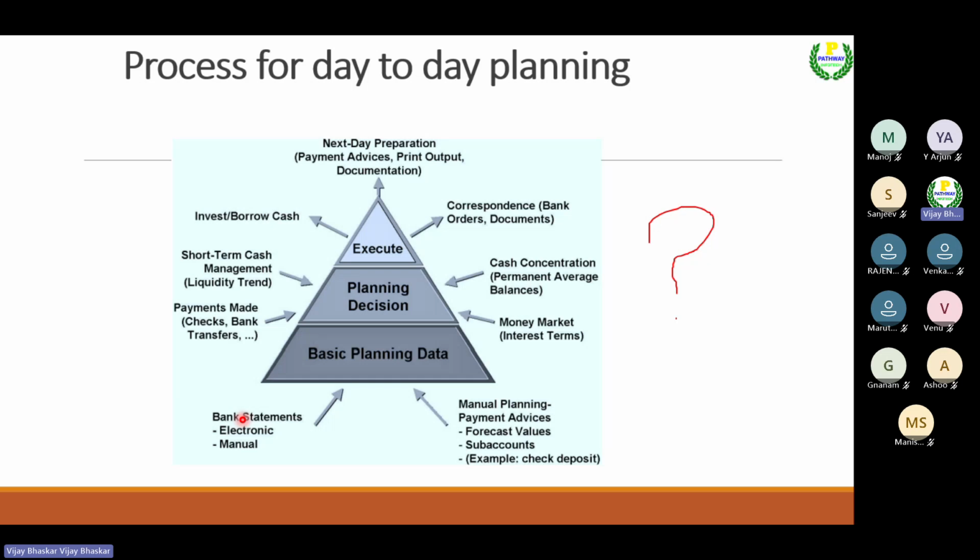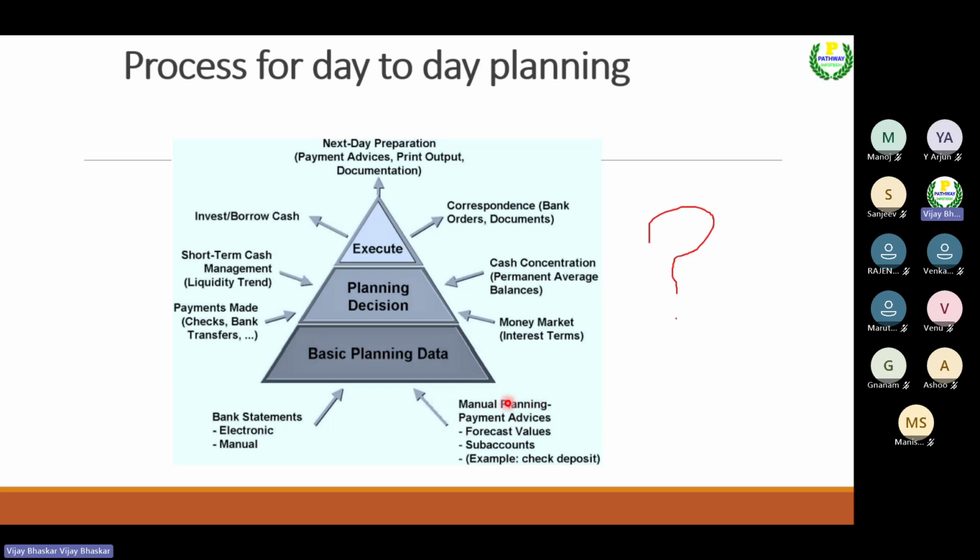We must be aware of how much funds are available in our bank account. Now, the basic planning data source is the electronic bank statement and manual bank statement. But EBS integration is a crucial part of cash management.